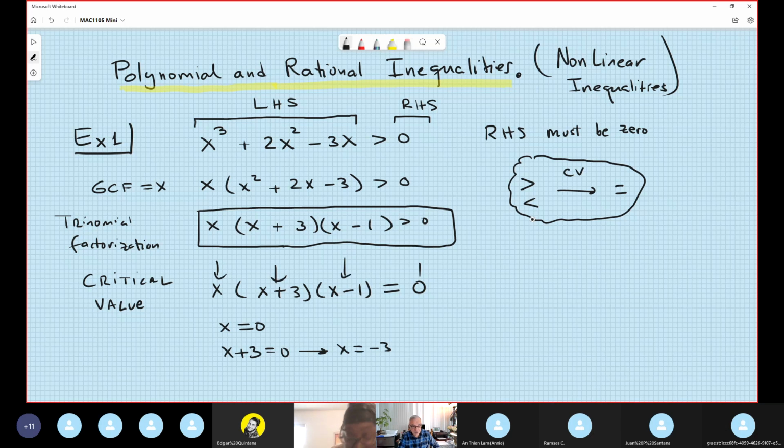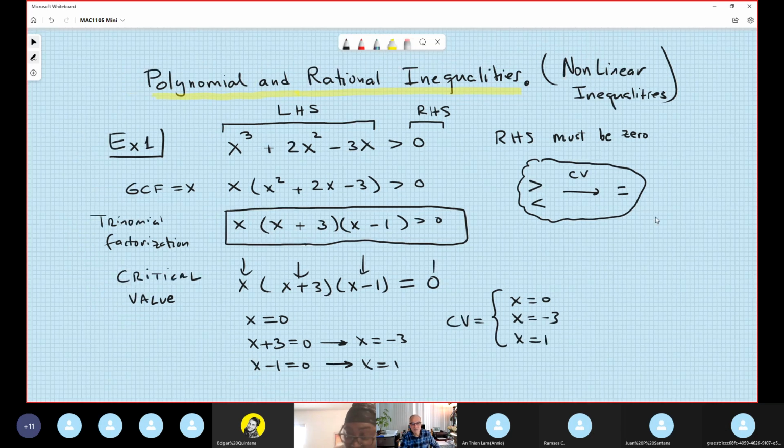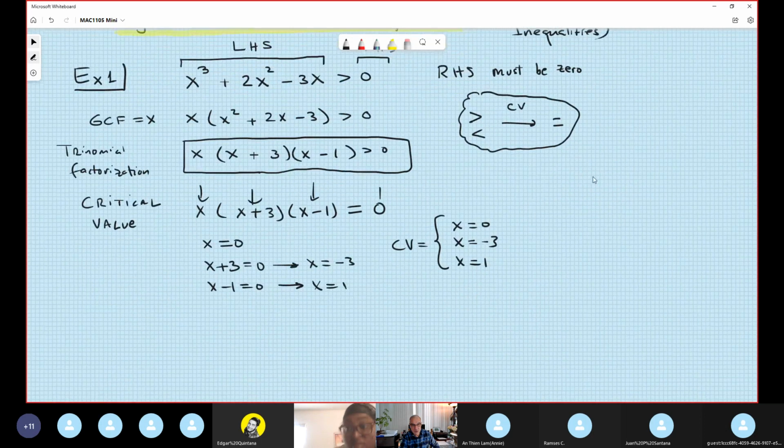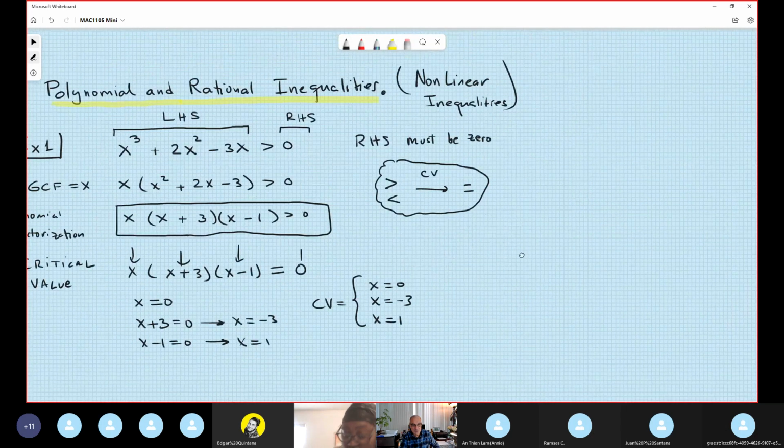And the last factor is x minus 1 equals 0, so x equals positive 1. In total, we have 3 critical values: x equals 0, x equals minus 3, x equals positive 1. Okay? Everyone follow me so far?